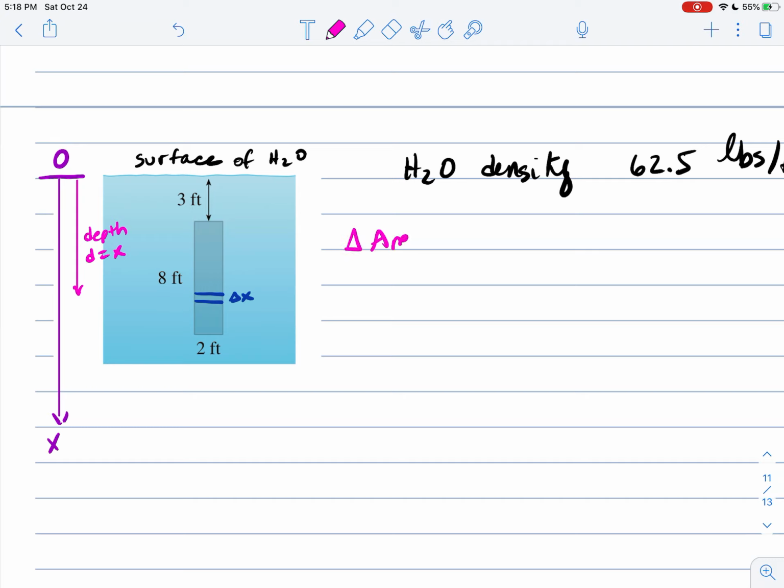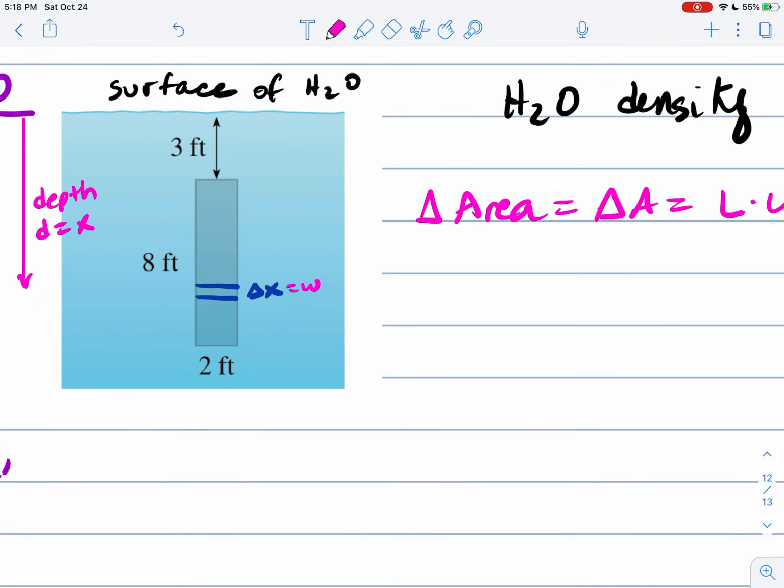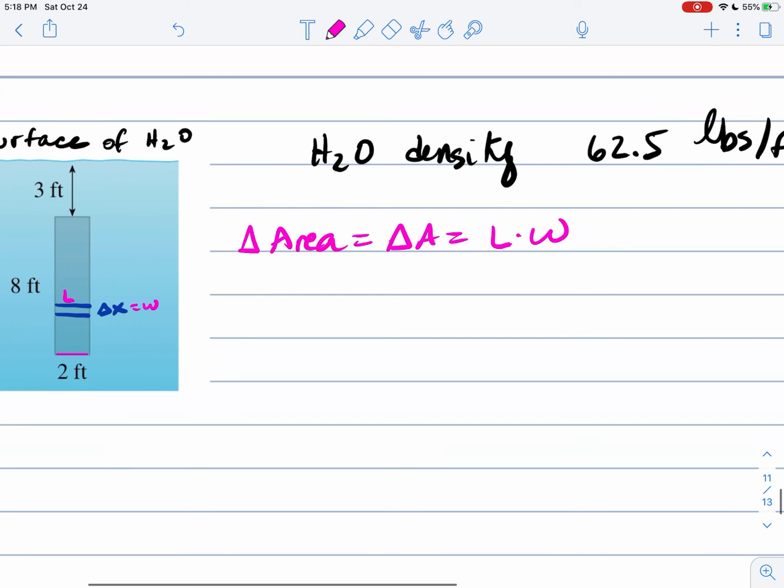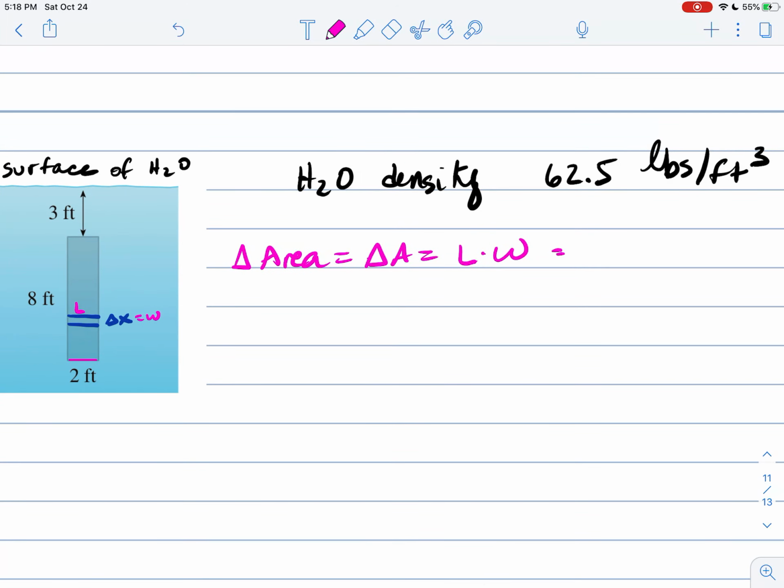So what's my next step? I'm going to calculate the delta area, which I usually call delta A, and that's going to be length times width, where my width is delta X, and the length of my slice is L. I see here that it's always, for all of my slices, going to be 2.